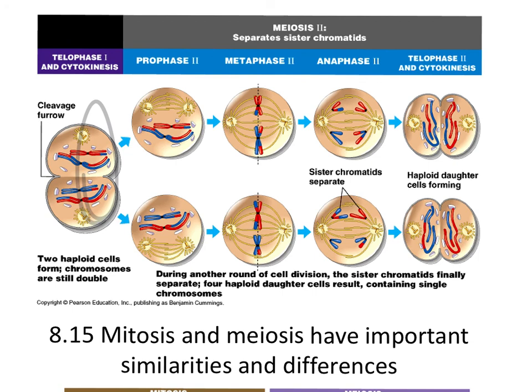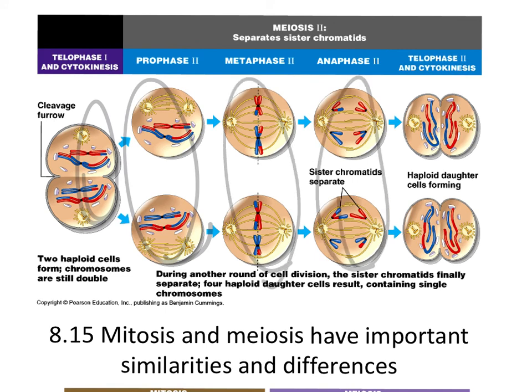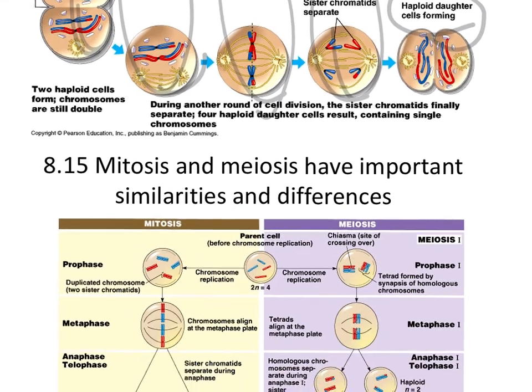There is no interphase where DNA gets replicated again, but we have prophase occurring again where the nuclear membrane dissolves, DNA lines up at the center, sister chromatids separate, and then we have haploid cells that are formed at the end.